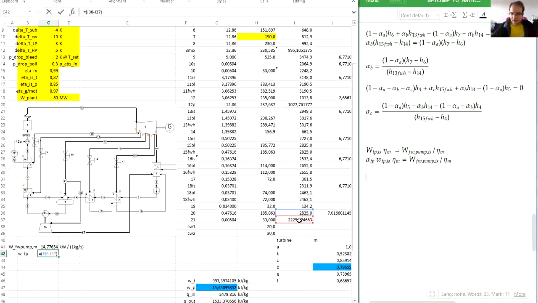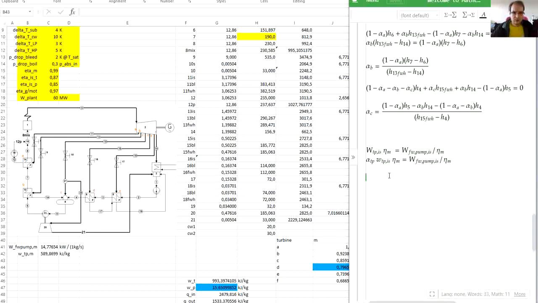And this is the thermodynamic work, so we will need to multiply it by mechanical efficiency in order to get mechanical work. And this is kilojoule per kilogram, and make sure that it's mechanical work.